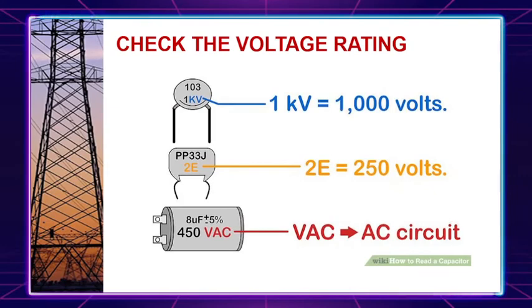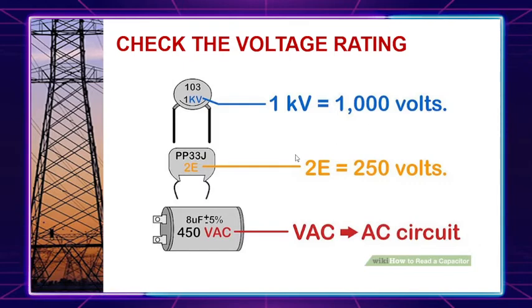Let us check the voltage rating. If you see a text of, let's say, 103, it has a 1KV. So 1 kilo is equivalent to 1,000. Since we have the letter V, 1KV is equivalent to 1,000 volts.